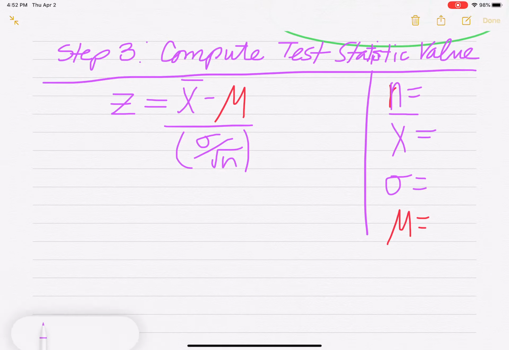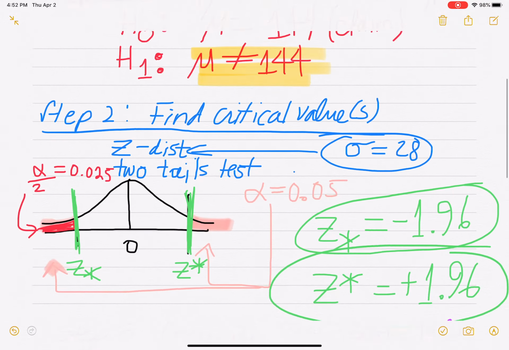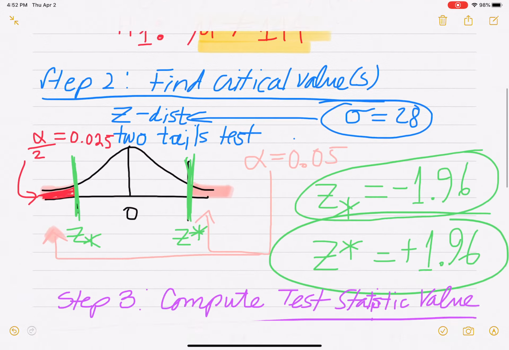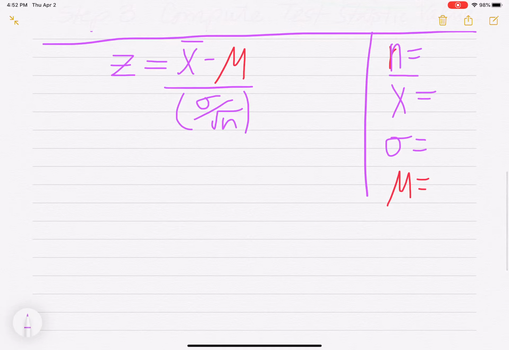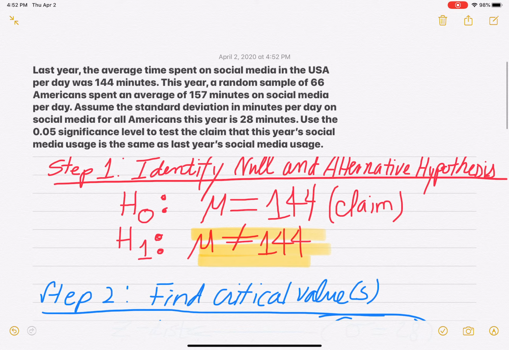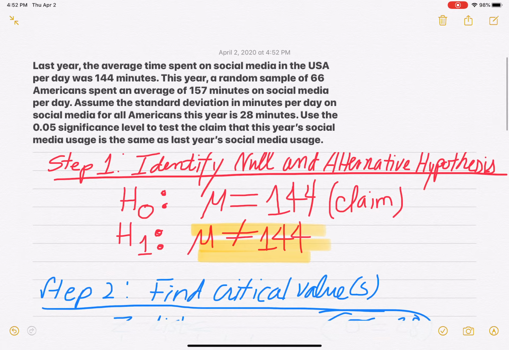All right, let's go back and read carefully. Looks like I took a sample of size 66. A random sample of 66 Americans. That's going to be your n, right? 66. What was the average of that sample? A random sample of 66 Americans spent an average of 157 minutes on social media.